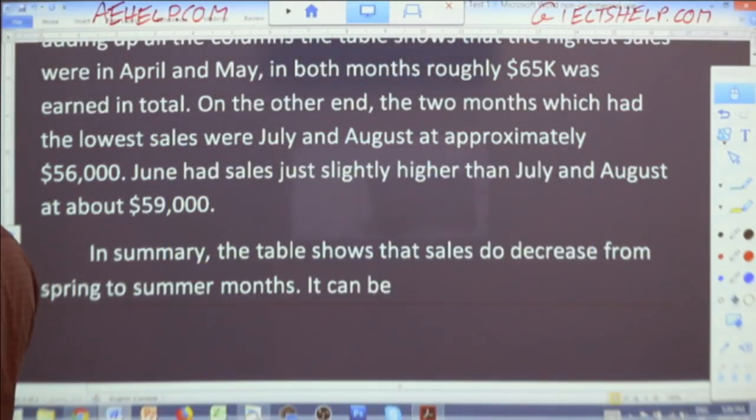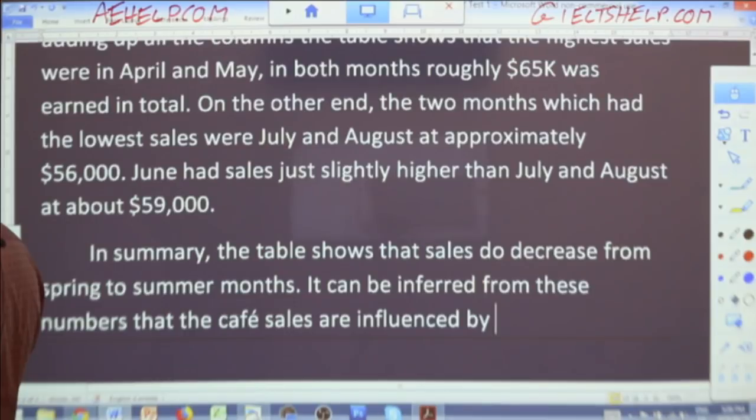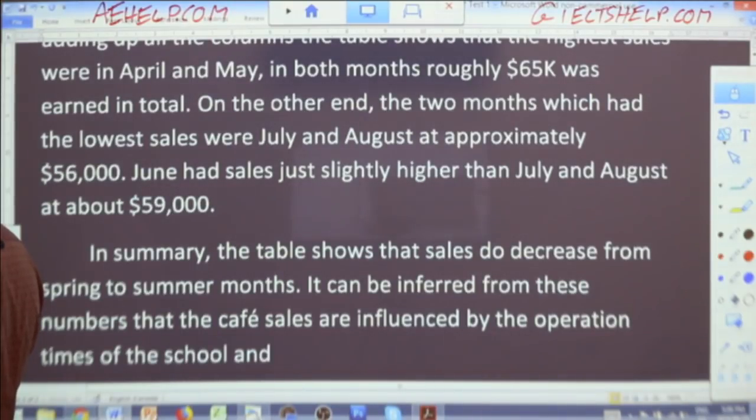So we can say something clever like this. It can be inferred from these numbers that the cafe sales are influenced by the operation times of the school and summer vacation.